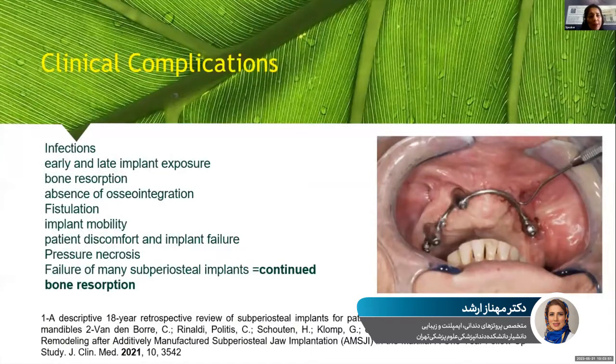Subperiosteal implants have some clinical complications such as infections, early and late implant exposure, bone resorption, maybe absence of osseointegration, fistulation, implant mobility, patient discomfort, implant failure, and pressure necrosis, failure of many subperiosteal implants like the other endosteal implants.